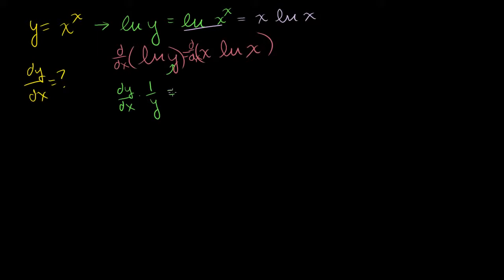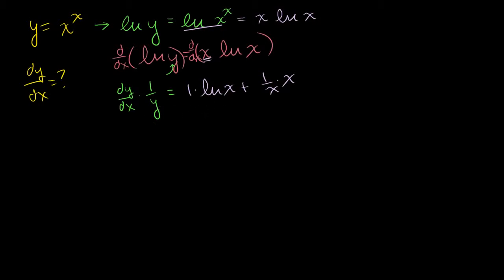And then that is equal to, and the derivative of this is just the product rule. And I'll arbitrarily switch colors here. It's the derivative of the first term, which is 1, times the second term, so times the natural log of x, plus the derivative of the second term, which is 1 over x, times the first term, so times x.